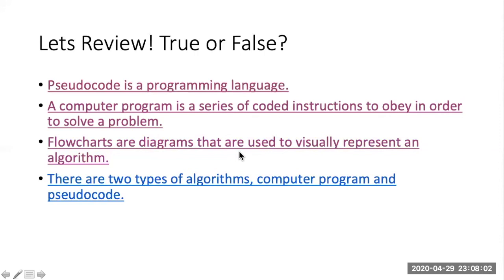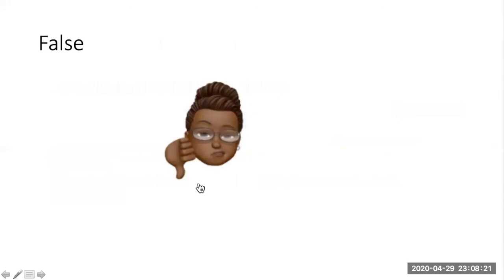Final question, true or false? There are two types of algorithms, computer program and pseudocode. Take some time, think about the question. If you answered false, great, that is correct.